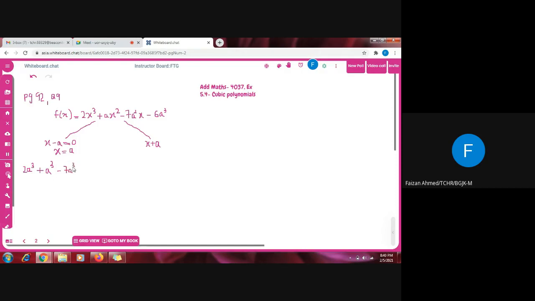And the last term is minus 6a cube, since there is no x. So this is 2a cube plus a cube, which is 3a cube, and minus 7a cube and minus 6a cube will give me minus 13a cube, since 7 plus 6 is 13. So this will be minus 10a cube, which is not equal to 0. So I can say that this divisor is not a factor of this polynomial since the remainder is not coming out to be 0.